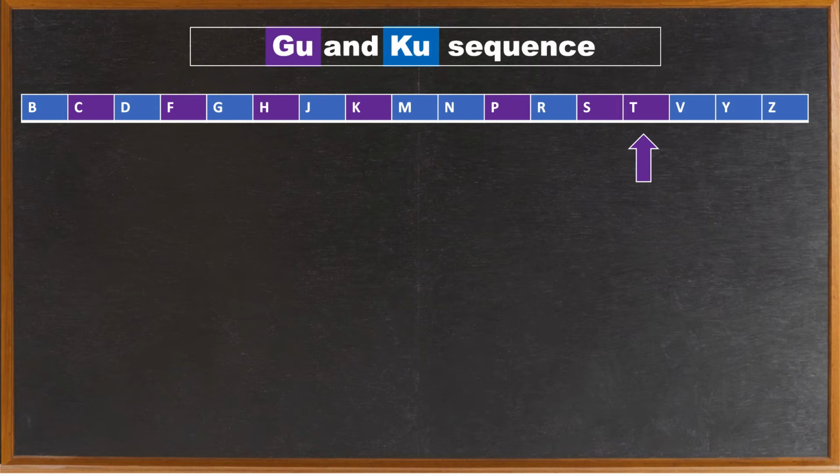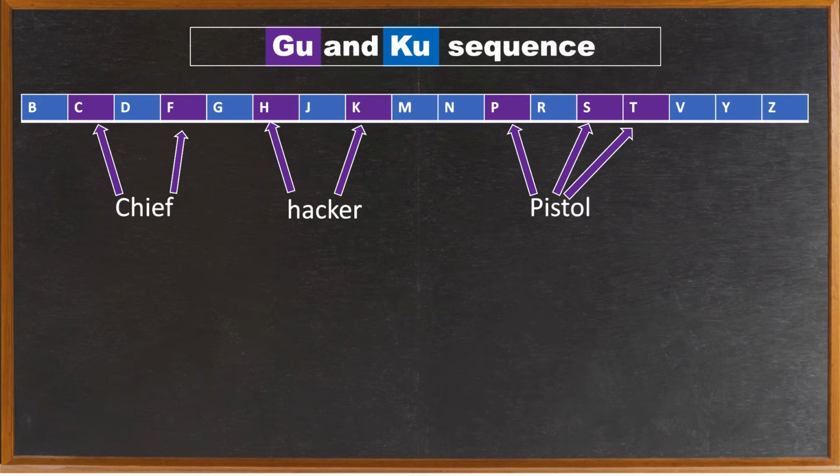Okay, so I actually invented some words which I used in order to find whether a verb is a gu verb, and if it's not a gu verb and it's not a kw verb, because kw verbs are simple to find, then it is a ku verb. So for gu verbs I use words like chief, hacker, pistol, because we have C for chief, H for hacker, K for hacker, P for pistol.